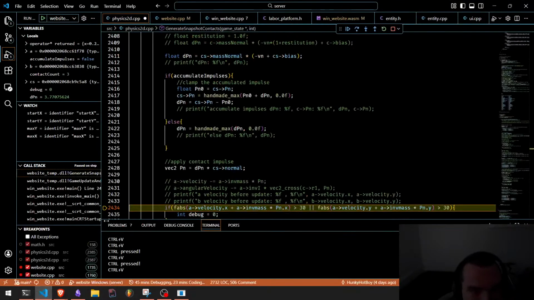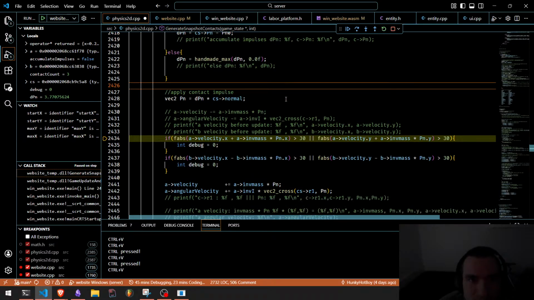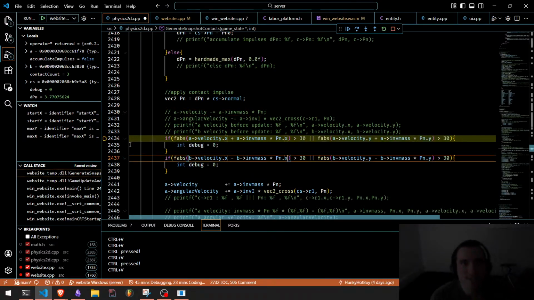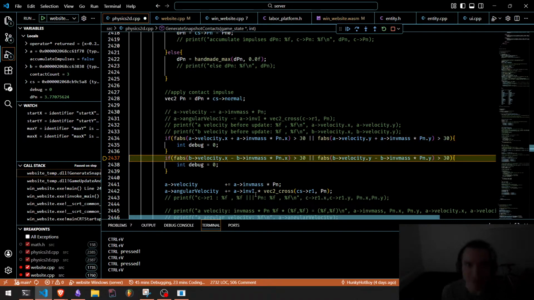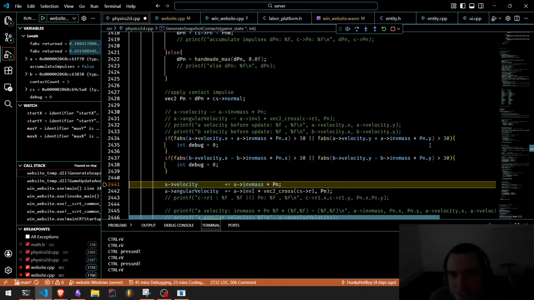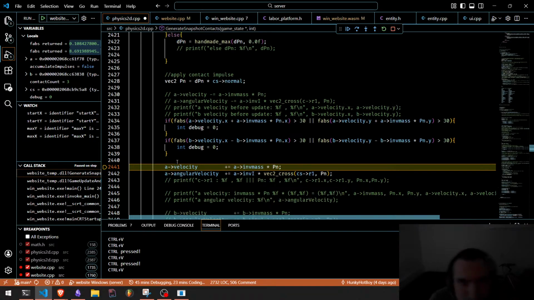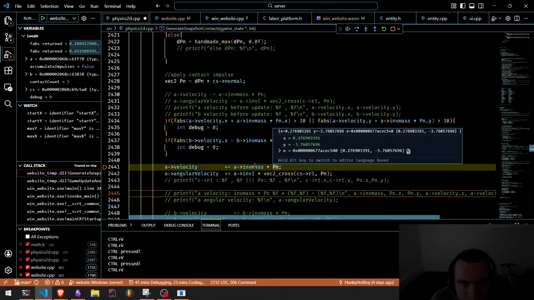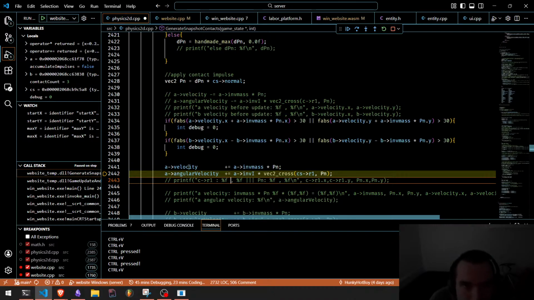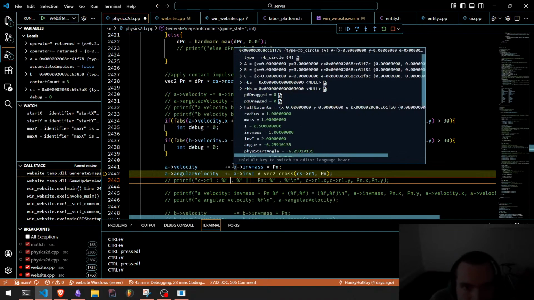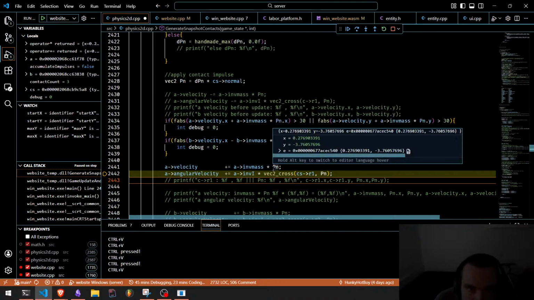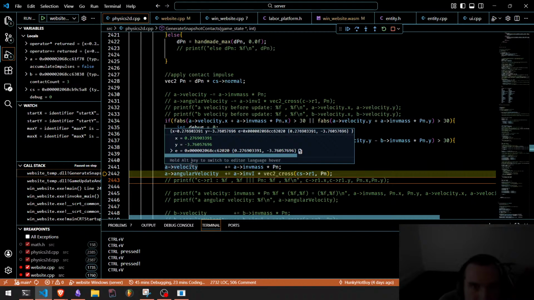And then we plug that all into the impulse calculation. Oh, this is like a break point, because they explode, I'm just checking if the velocity exceeds the value of 30. In this case it will, and so it won't. Okay, well, anyway, we're pushing the circle down.